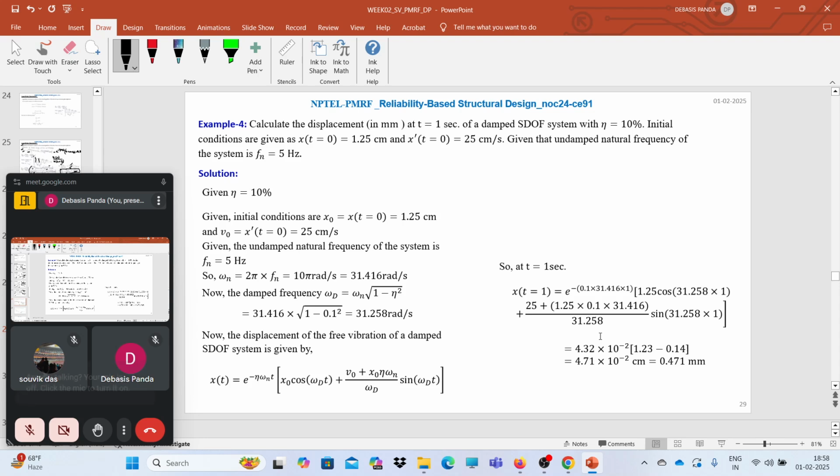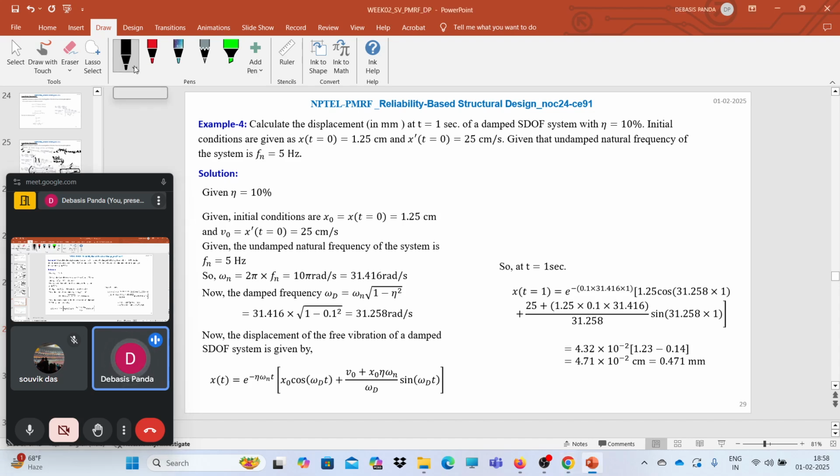Great. So first, read out the first problem. The first problem says: calculate the displacement at t equals 1 second of a damped SDOF system where the damping ratio, here eta is denoted.